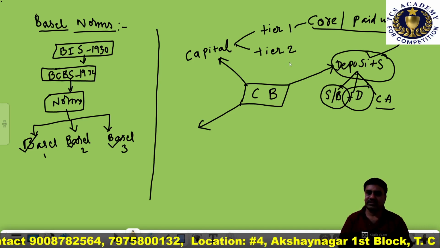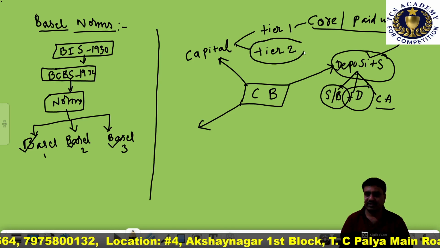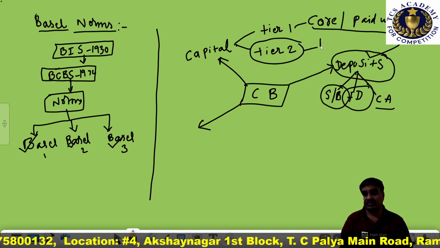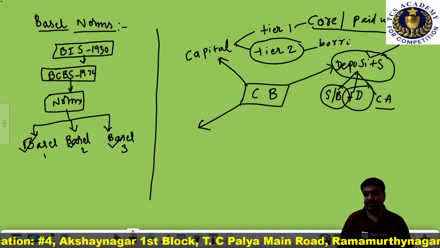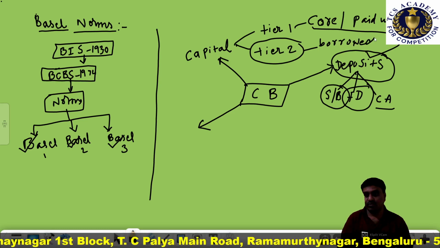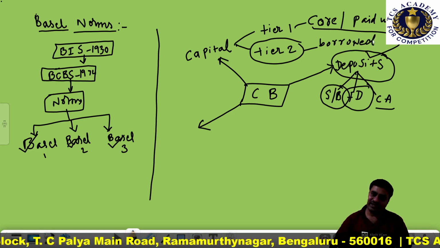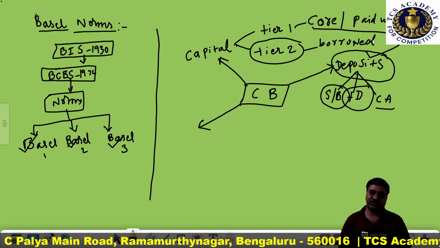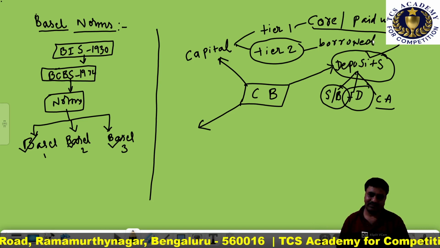And what is tier 2 capital? Tier 2 capital is borrowed capital. The banker can issue certain bonds, thereby they can raise funds from the public.